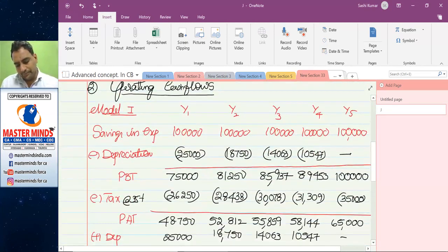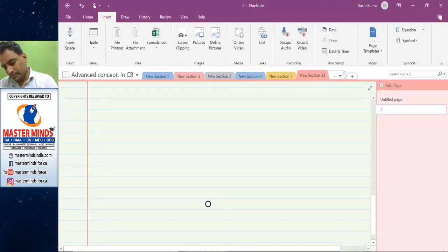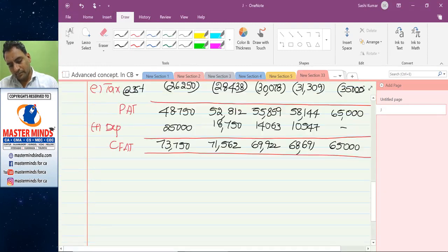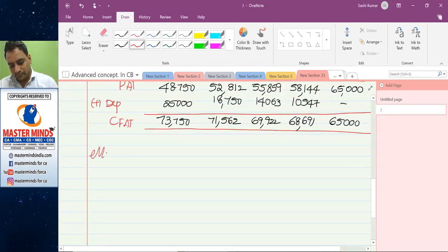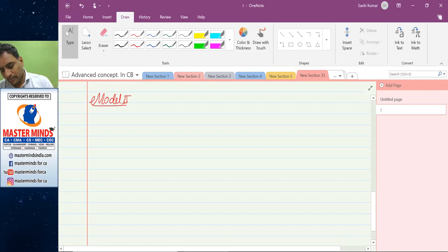Similarly, we should find cash flows with respect to model 2. So savings in expenses.